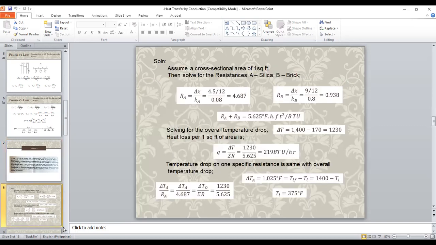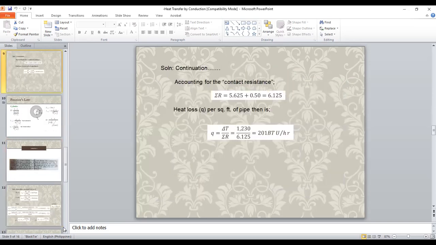So what we'll do is proceed to the next slide. We need to add that 0.5 to the total resistances already. So we need to account for what we call the contact resistance, aside from the resistances of the two materials. So you have now a total of 6.125.